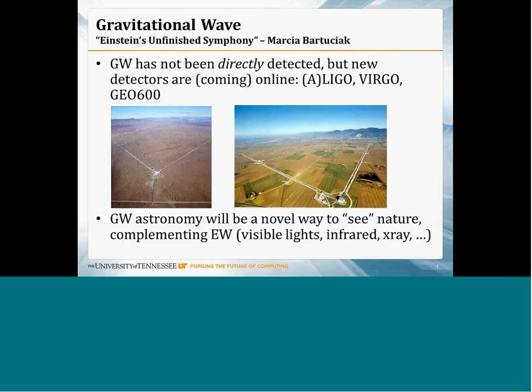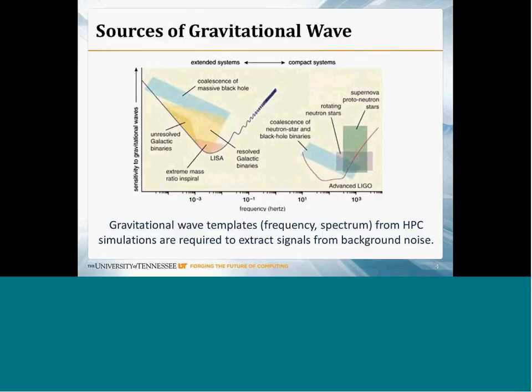The point is that because a gravitational wave is a ripple in space-time itself, it can propagate unabated by matter and can help us see the kind of thing that we cannot see with electromagnetic waves. So gravitational waves would be a novel way to see nature, complementing visible light, infrared, X-rays, and ultraviolet that we've seen so far.